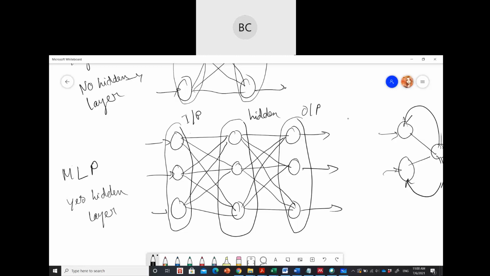That means output of input layer will be the input for the hidden layer. Then the output of hidden layer will be the input for the output layer. Okay, so input layers are nothing but the features.